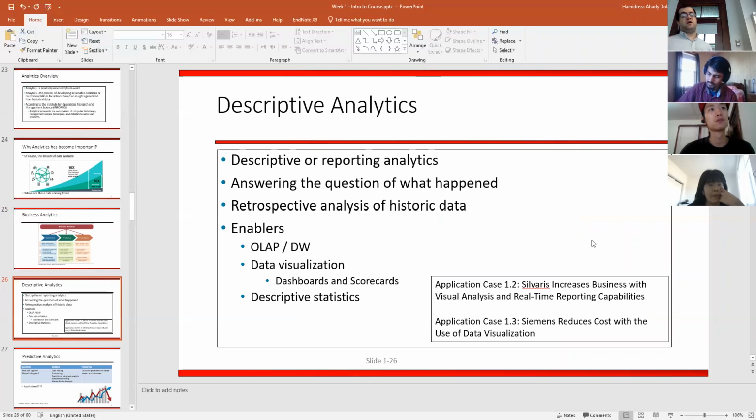So in the descriptive part, basically you do simple statistics. It could even be the mean, median, standard deviation of your data, or some visualization like pie charts and histograms. So you want to see what is going on, what your current situation is. Descriptive analytics is actually the first part of your project.